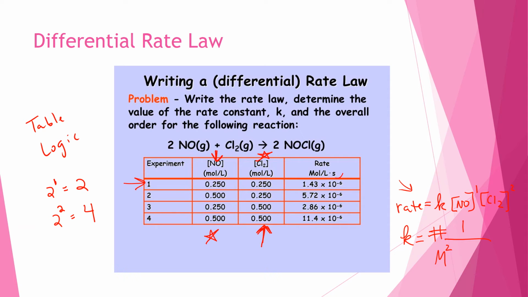To find your time unit, you always look inside your table. So this table has seconds, so that is my time unit there. So this is always a 2-pointer for your K value. You get 1 point for the value, and you get 1 point for your units.